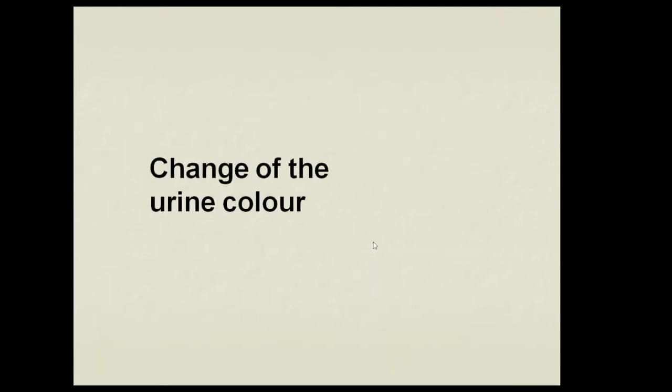Another problem which is connected with dysuria is change of urine color. The patient can see that urine, instead of light yellow, becomes red.